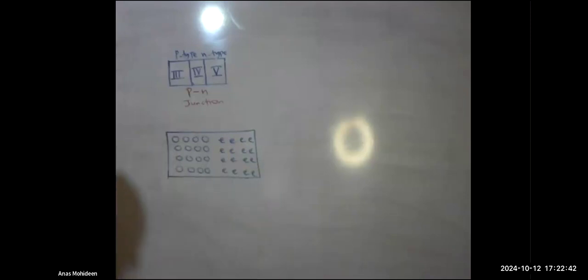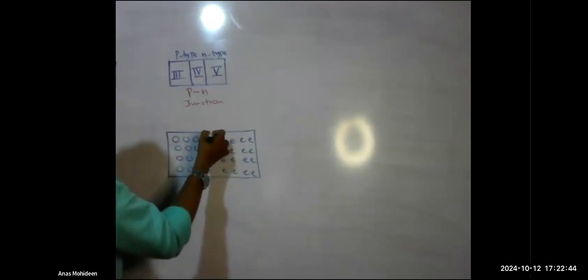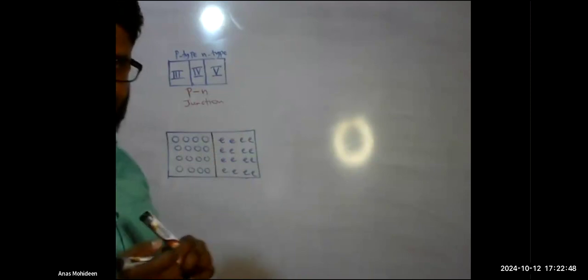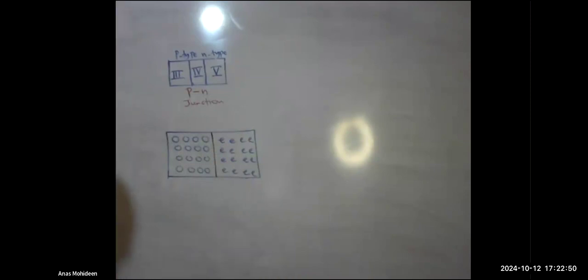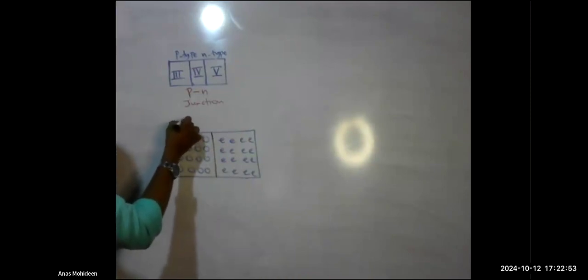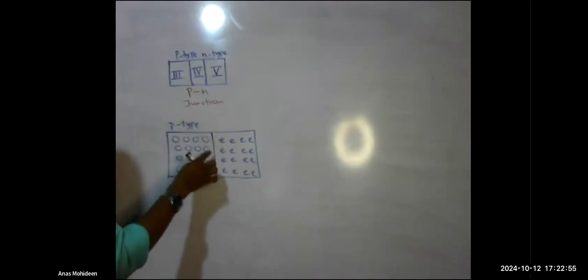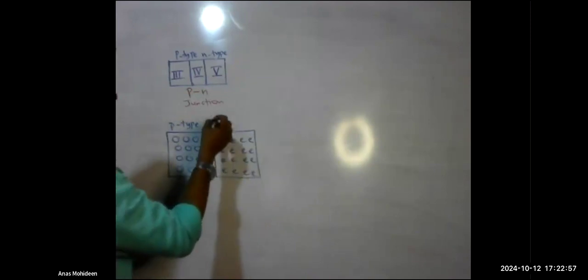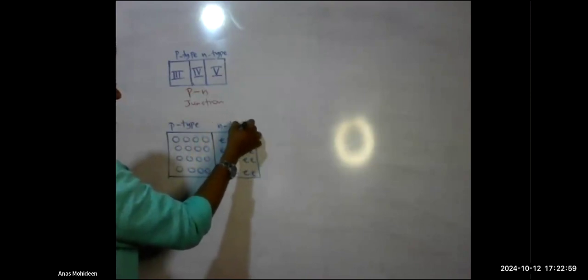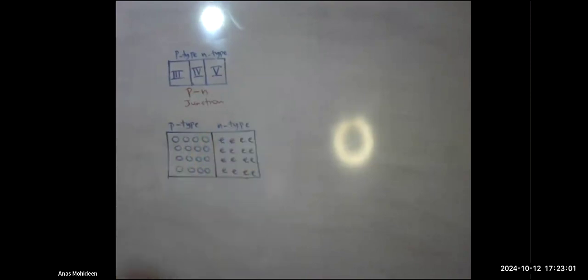Now, the point here, this becomes the junction where both of them are meeting, right? So this side is the P type, positive type, holes are there, and this side becomes the N type, negative type, electrons are there.